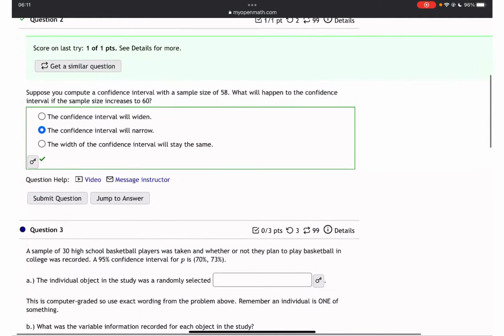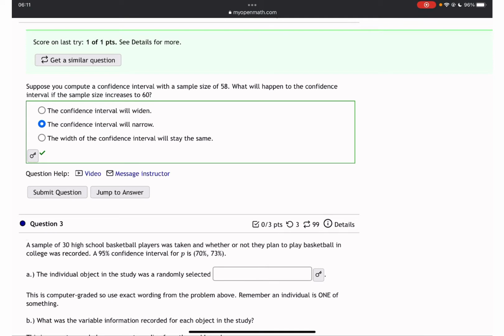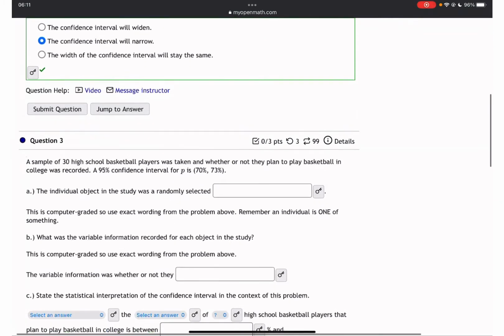Correct. Accordingly, if we decrease the sample size, then the confidence interval will widen.